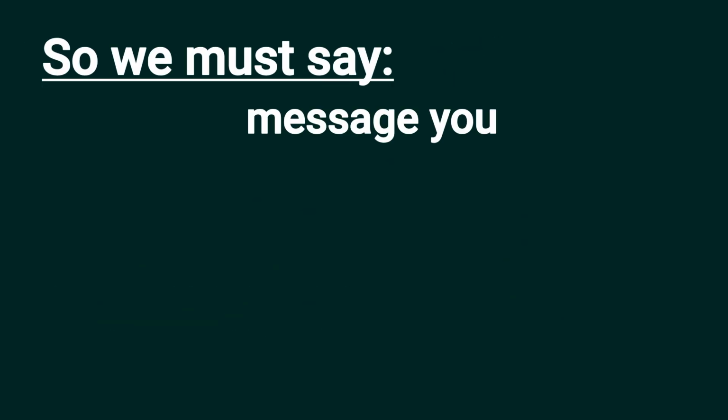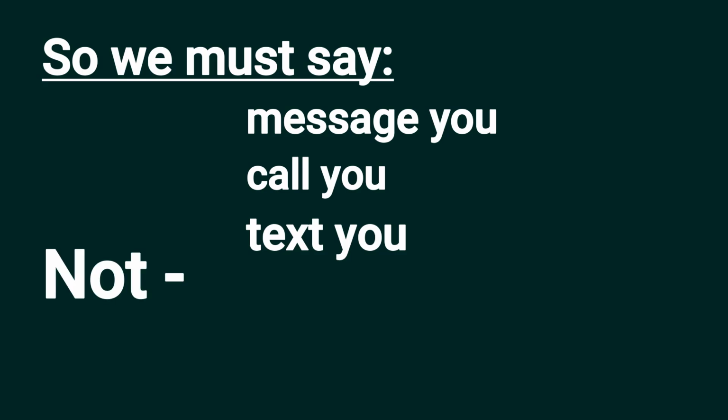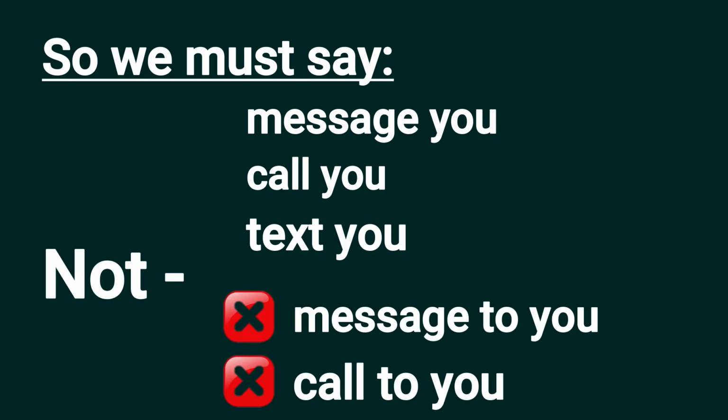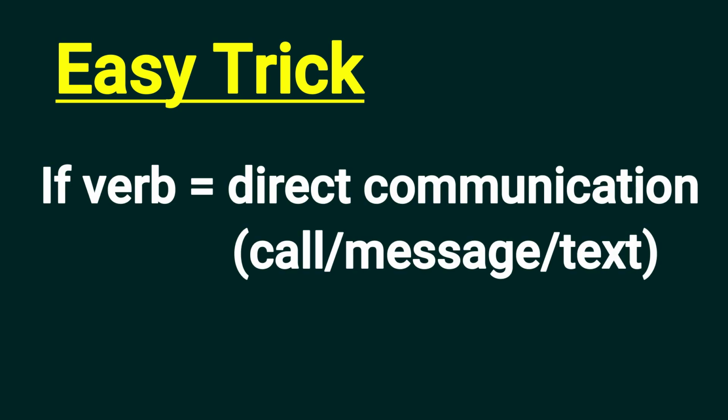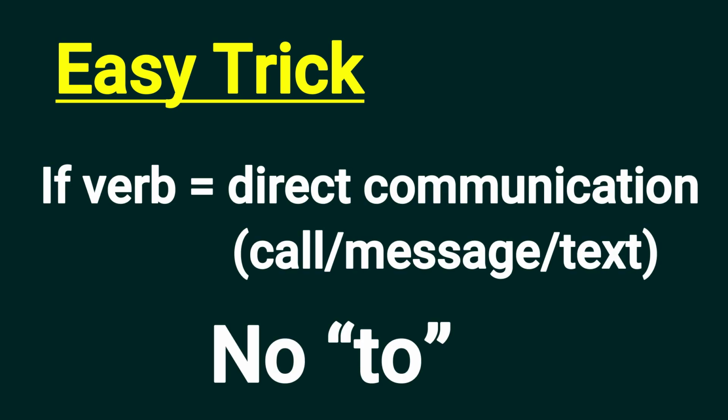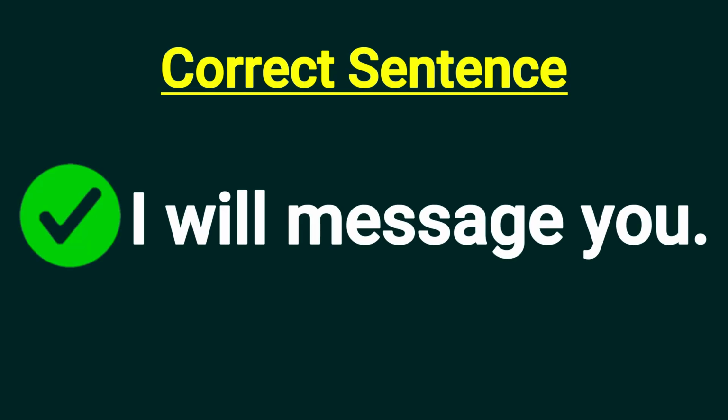So we must say message you, call you, text you, not message to you, call to you. So the easy trick is, if the verb is direct communication like call, message and text, no to. So the correct sentence is I will message you.